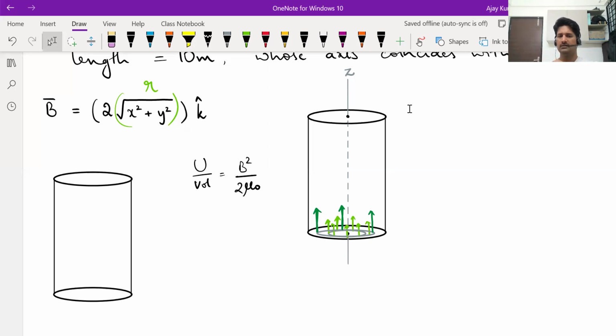From the equation of magnetic field, you tell. Based on what does the field change from point to point?